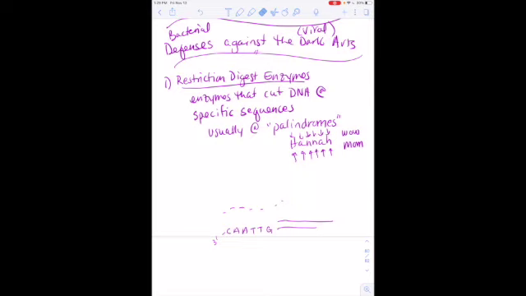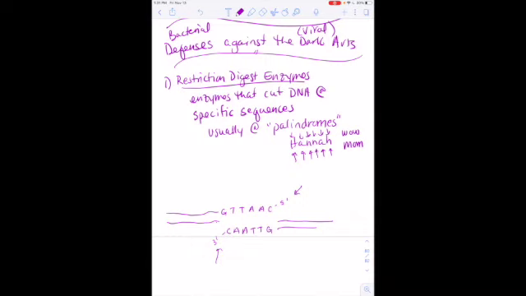You're going to have this little piece that looks like this, and a little piece that looks like that. This one we would call a 5' overhang right here. So you get two pieces, one with a 5' overhang here, one with a 3' overhang right there.